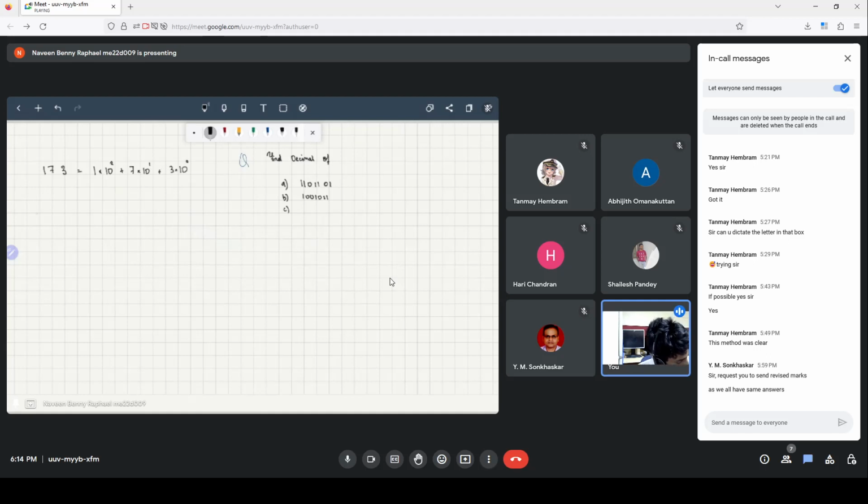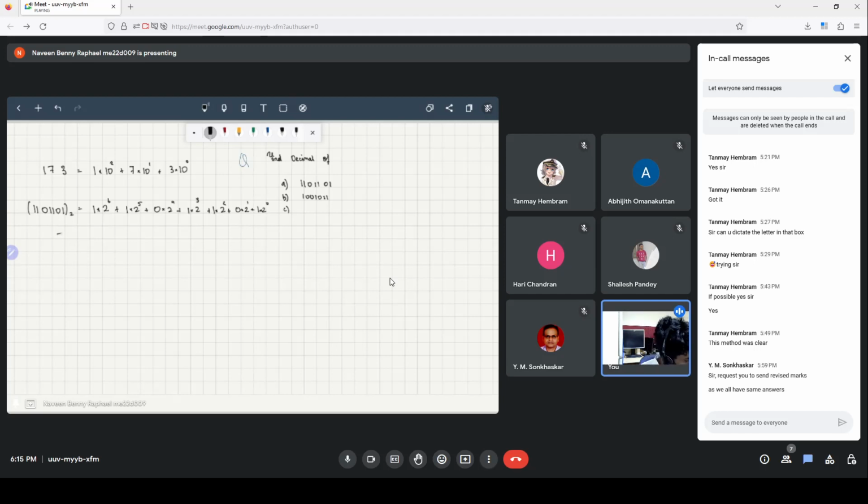In the same vein, 1101101 base 2 is 1 into 2 to the power 6 plus 1 into 2 to the power 5 plus 0 into 2 to the power 4 plus 1 into 2 to the power 3 plus 1 into 2 to the power 2 plus 0 into 2 to the power 1 plus 1 into 2 to the power 0. I hope this correlation made sense.